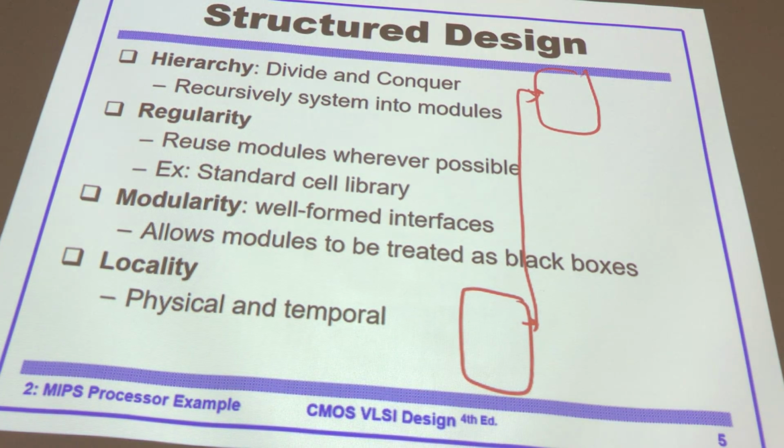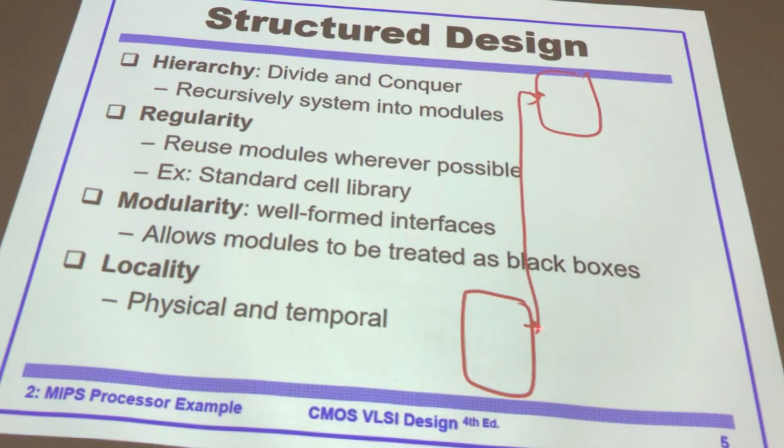So physical locality means that if you generate the data, you should consume it locally. What about temporal? Temporal locality means that after you generate the result, hopefully you can consume it right away.